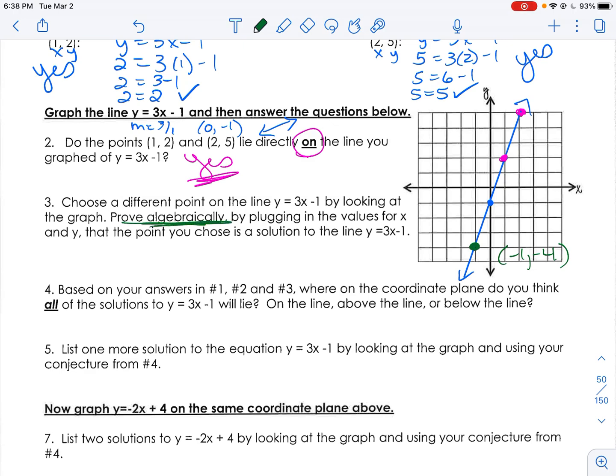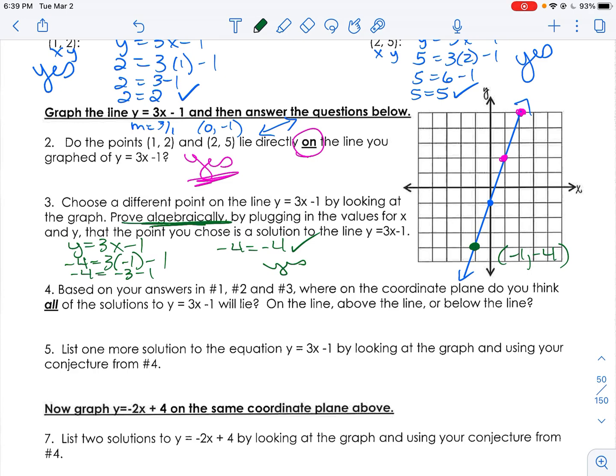So I'm going to plug it in. My y value is negative 4. My x value is negative 1. So negative 4 equals negative 3 minus 1. Negative 4 equals negative 4. That works. So yes, it is a solution. It lies on that line.